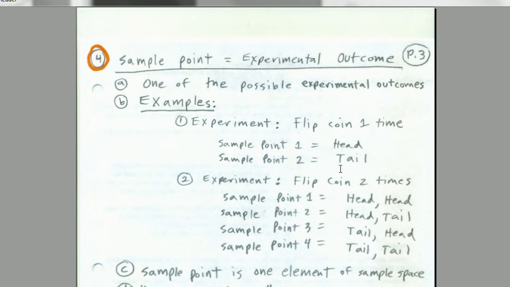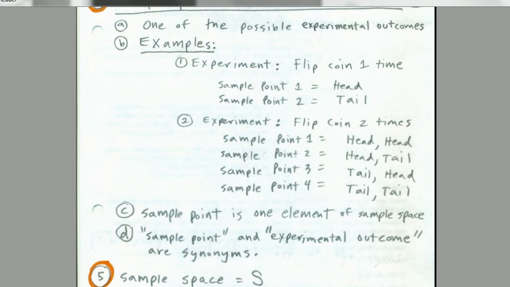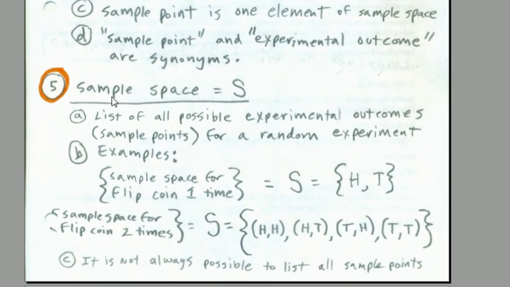Now, figuring out and listing all of the sample points, we'll do that on some small data sets. But for big data sets, it gets pretty difficult. We'll also see a method to determine how many actual sample points there are in a sample space. What's a sample space? Sample space is a list of all the possible experimental outcomes.